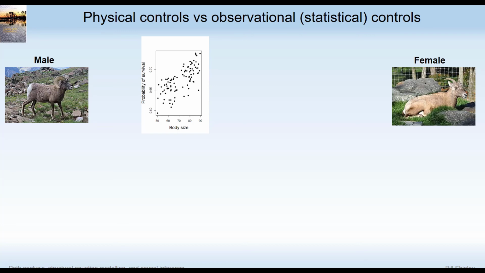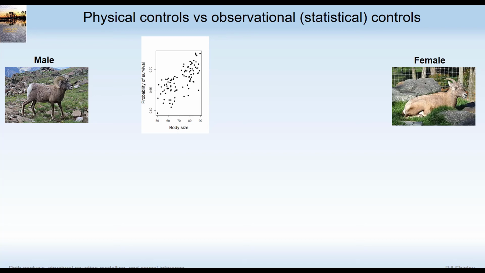Well, the key point of a controlled experiment is the notion of control, of being able to prevent a particular variable from changing as it normally would. It's not physical control. In other words, control is the key word, not physical. The idea of path analysis and structural equations modeling is that we replace physical control of variables with statistical or observational controls.